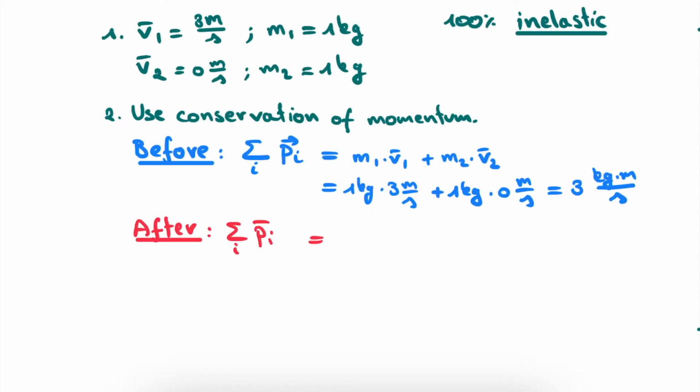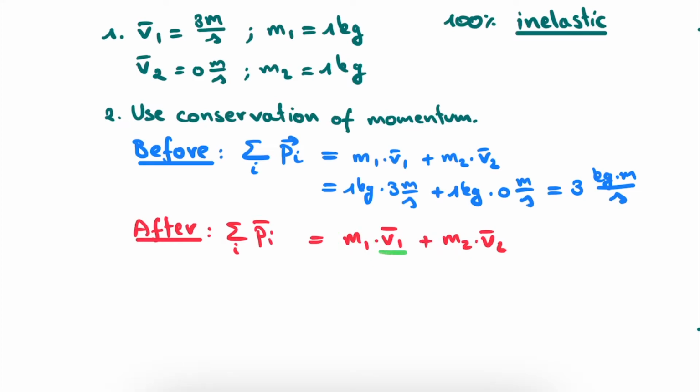So this simply becomes again m1 multiplied by v1, but since I'm writing v1 in red now, I explicitly mean the velocity of the first object after the collision, plus m2 multiplied by v2, the velocity of the second object after the collision. So what do we exactly know from these four quantities? Well, we know m1 and m2, which are the masses of both objects, and these remain unchanged.